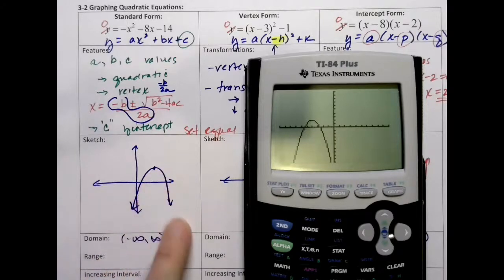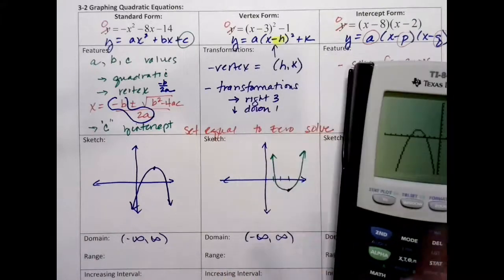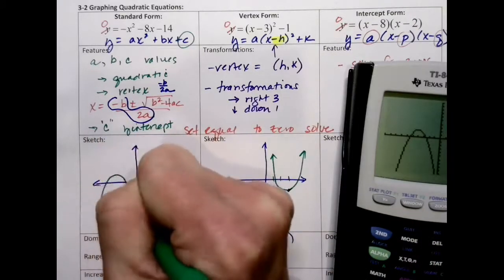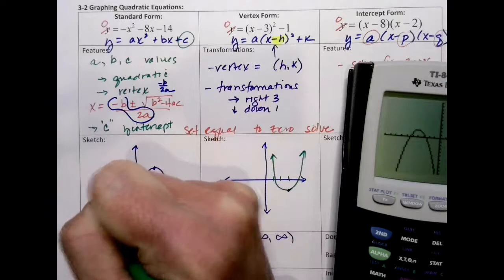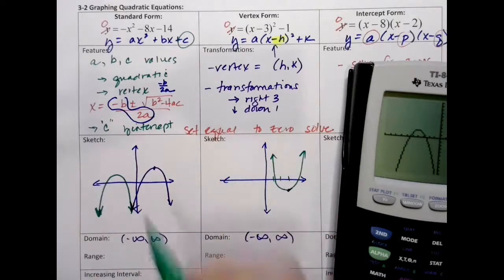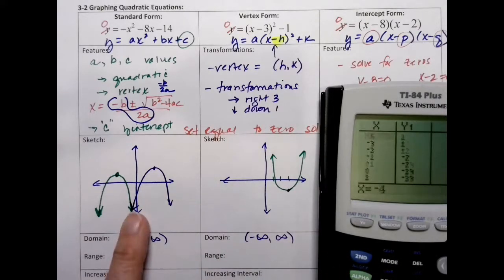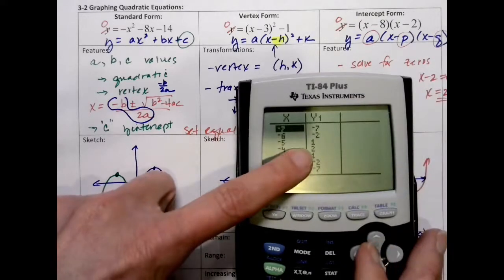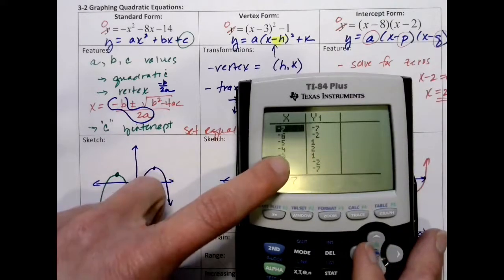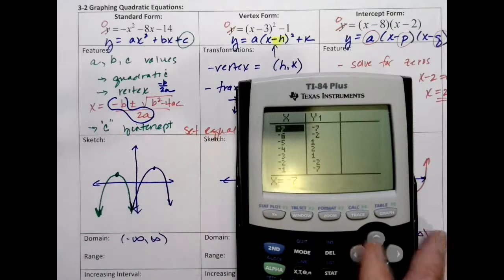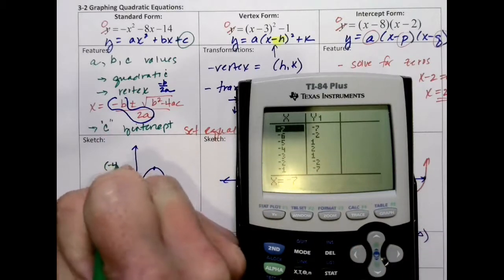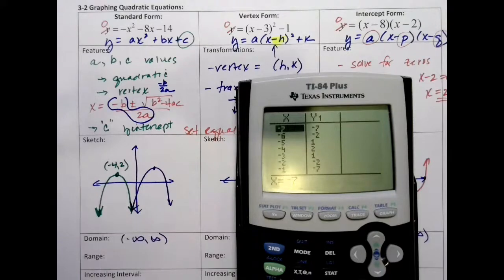So we were right about it being down like a frown, but guess what? This graph actually is over on this side of the axis, right? So if I want to know this vertex, let's try to check out that table of values and see if I can see that negative 4, 2 is going to be that high point of that graph.